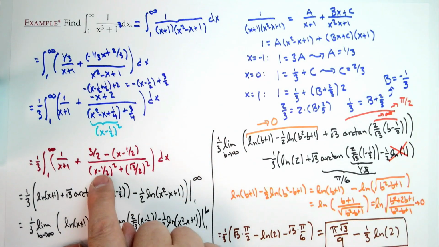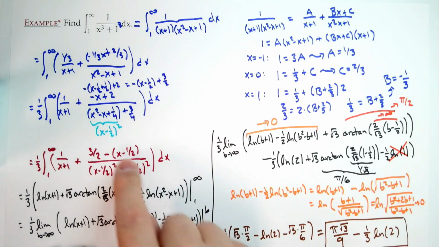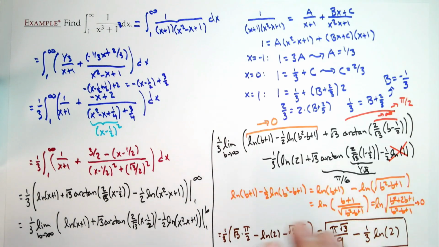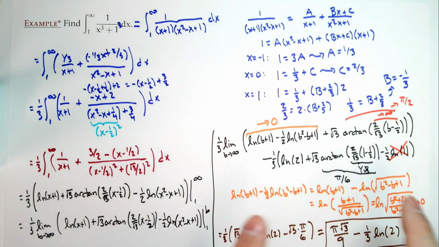When you have the downstairs as something factored, rewrite your numerator in that form and integrate each part. Write down your integral if you need to. If you have infinity minus infinity or infinity over infinity, throw in your limits. Figure out what happens in your limits. Be careful with your evaluation and simplify.